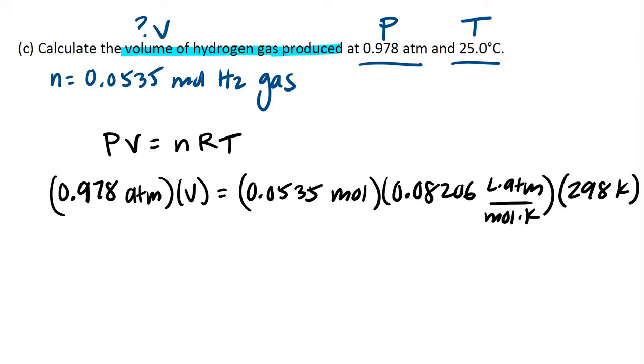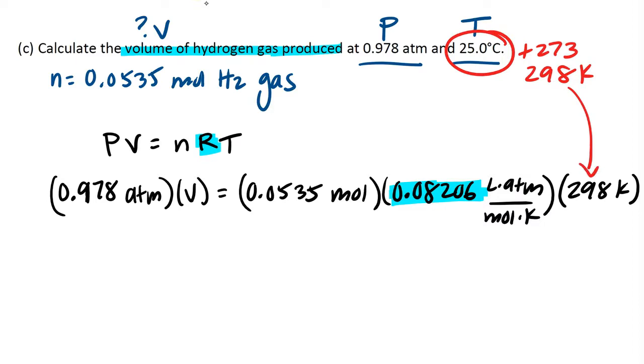Okay, I've plugged everything into the equation, remembering that R is 0.08206 liters times atmospheres over moles times Kelvin, and also that your temperature has to be in Kelvin. So I'm going to add 273, and that gives me a temperature of 298 Kelvin, which is what we're using in our equation. Okay, and then let's just solve for volume.